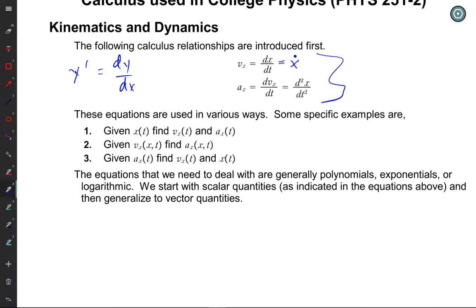So these two equations: acceleration is dv dt, the derivative of the velocity with respect to time. But since velocity is the derivative of position with respect to time, then you can replace this equation here. I'm just going to expand on what's written right there.